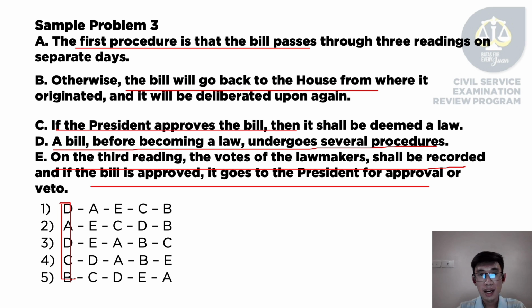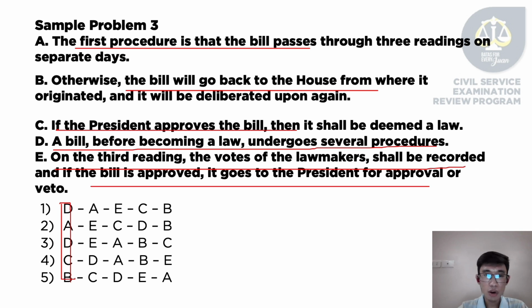So these are yung mga important details, no? So now that we know the topic sentence, the topic, it's essentially talking about a bill, and how it is the procedure of a bill becoming into law, no?